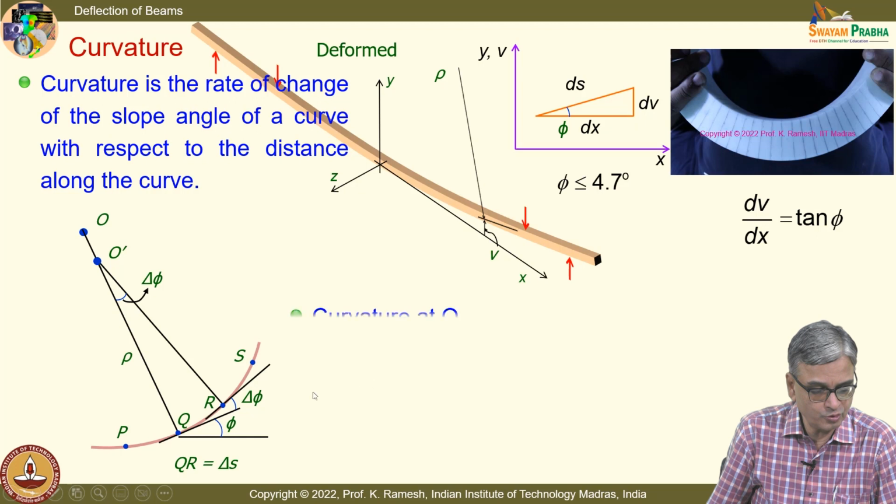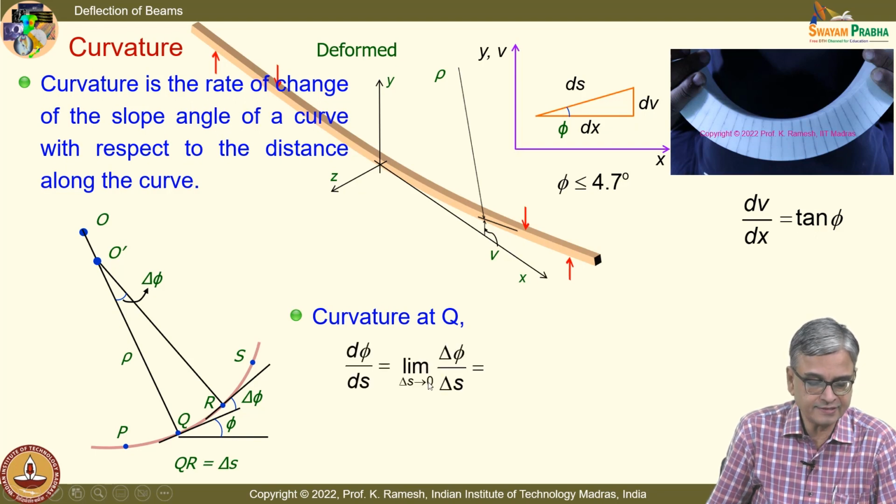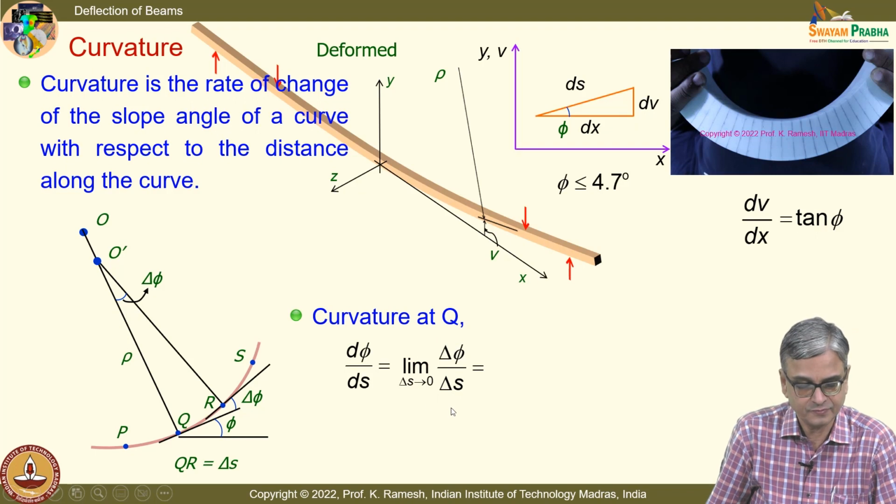And you can take QR as ds, delta s. And what is curvature at Q? This is defined as limit delta s tends to 0 the ratio of delta phi divided by delta s, which you can also label as d phi by ds.